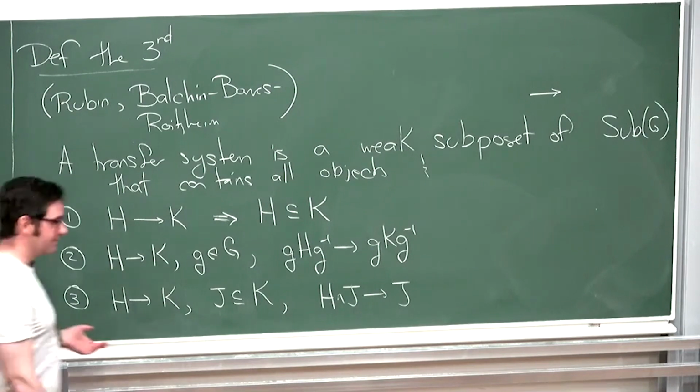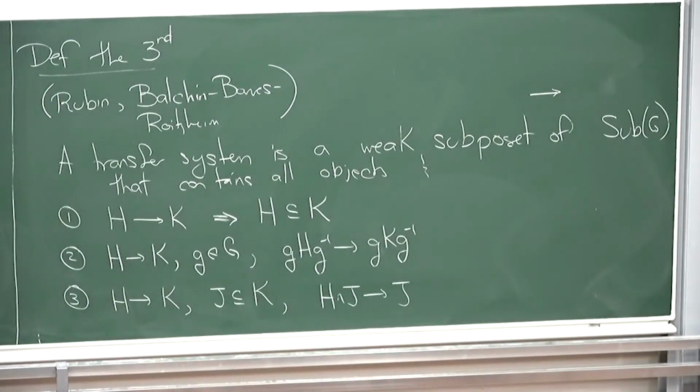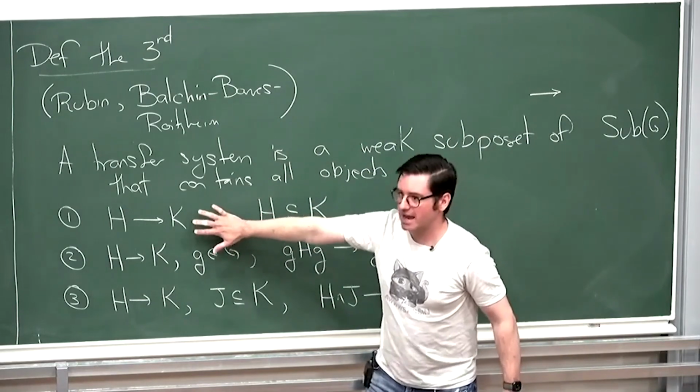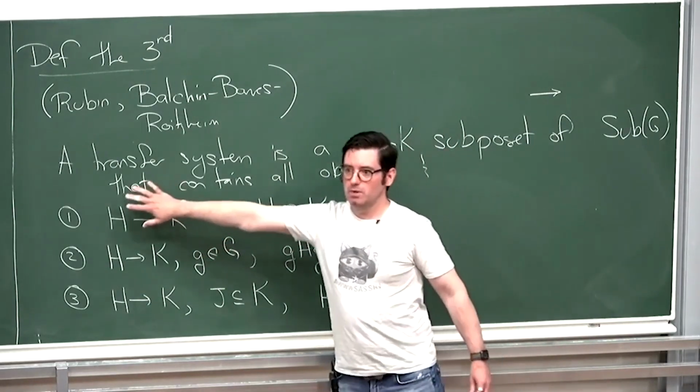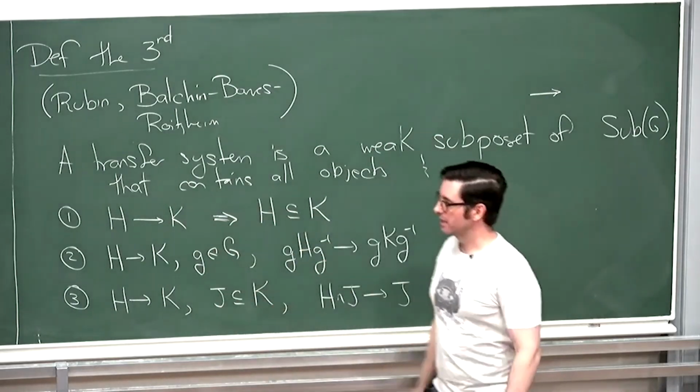I'd say this is evidence that I wasn't extemporizing, but in fact it was pure chance that the timing worked out. But I did choose the notation on the earlier board to indicate that I'm thinking of norms or transfers that go from H to K. And these are the three conditions that are encoded.